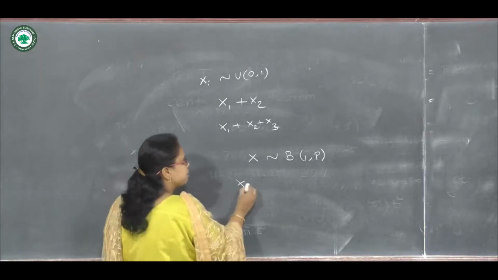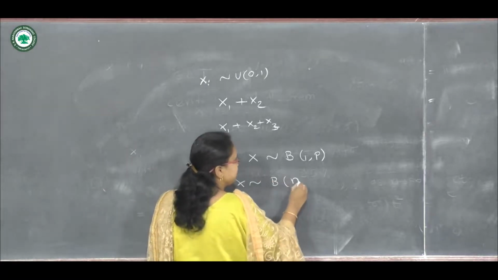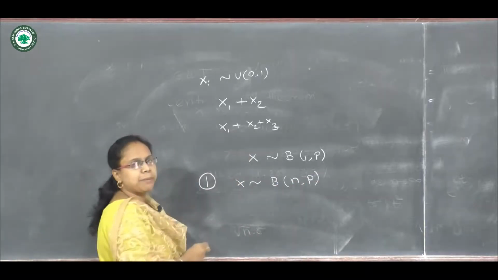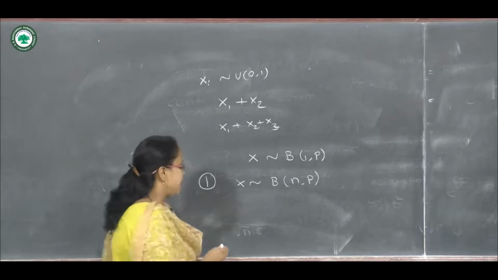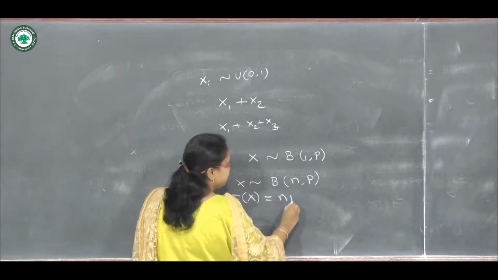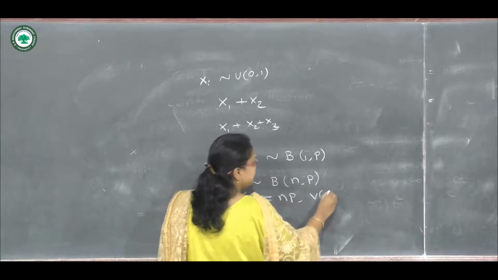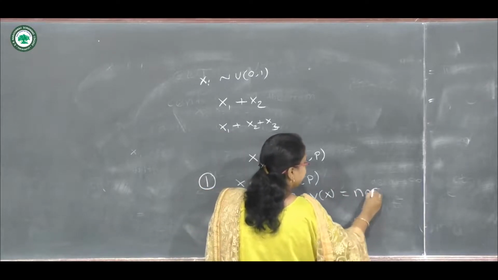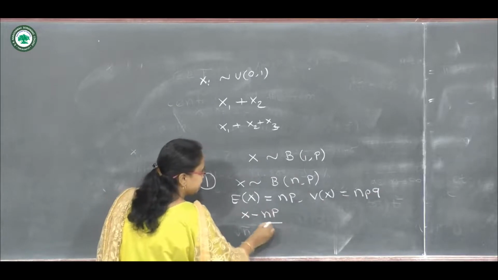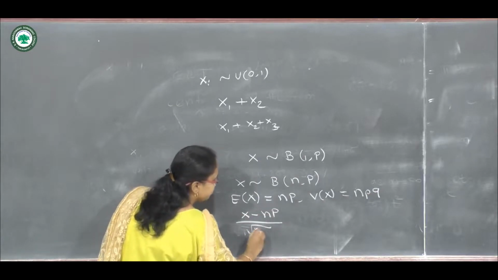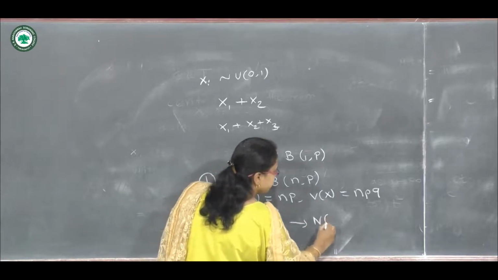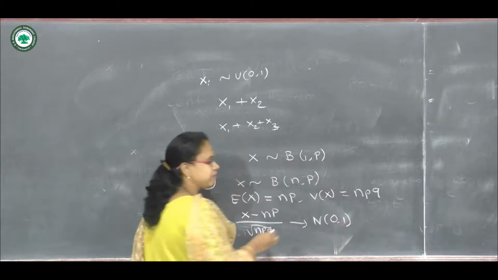If X follows binomial distribution with n comma p, then the Laplace-de Moivre theorem states that if expected x equals np and variance of x is npq, then x minus np divided by square root of npq will converge to normal distribution with 0, 1.